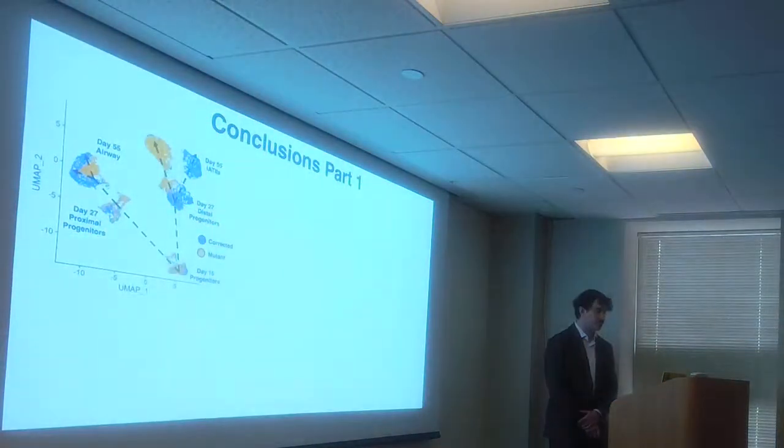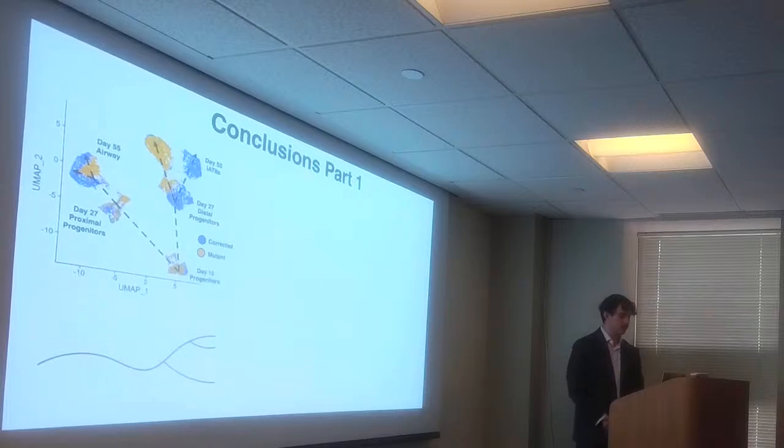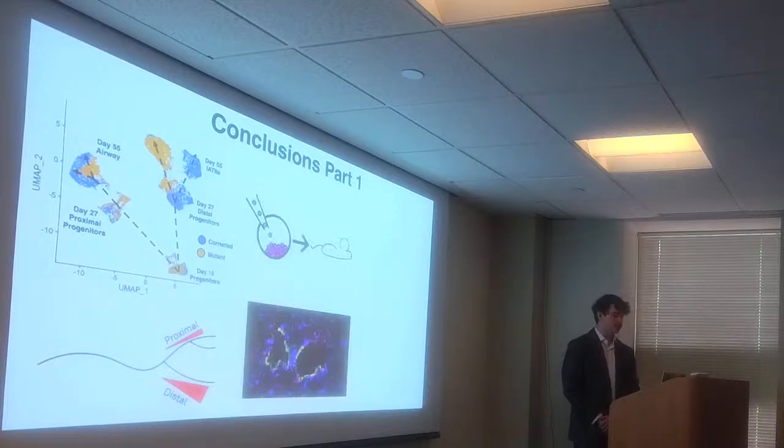So in conclusion, for part 1 here, I've shown that through single-cell RNA sequencing, we can construct a roadmap of lung development, and we can identify differences that occur with NKX2-1 mutations. We saw a proximal effect that is pretty subtle and a much stronger distal effect. We were able to show this using blastocyst complementation in vivo.